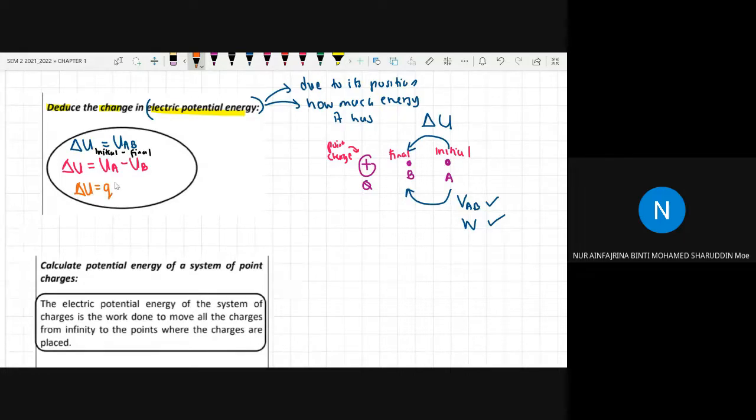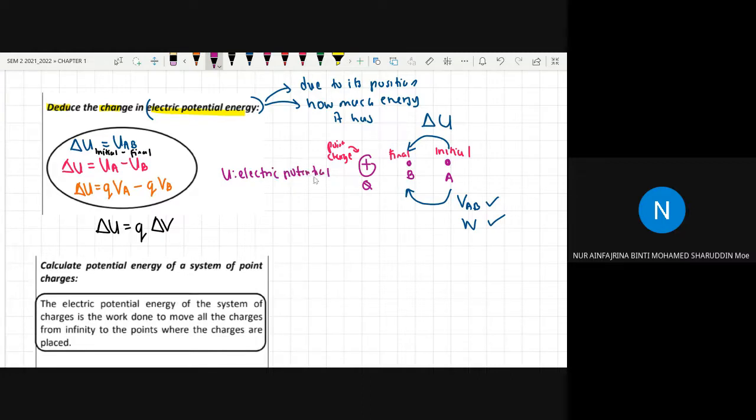Dia akan jadi QVA minus QVB, where Q is the test charge, VA adalah electric potential at point A, VB adalah electric potential at point B. So, one conclusion yang Miss boleh cakap pasal change in electric potential energy adalah test charge darab dengan change in electric potential. Okay. So, where U adalah electric potential energy.